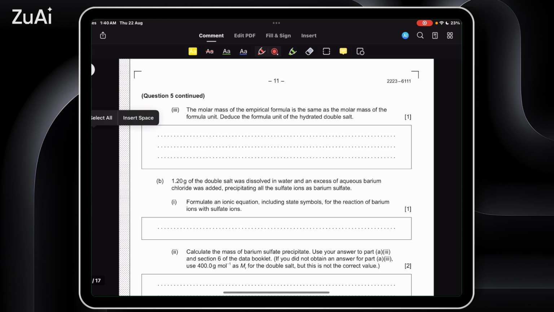That's a so easy question. The molar mass of the empirical formula is the same as the molar mass of the formula unit. Deduce the formula unit of the hydrated double salt. The same. It should be the same. Like nitrogen, hydrogen, sulfur, cobalt, oxygen.